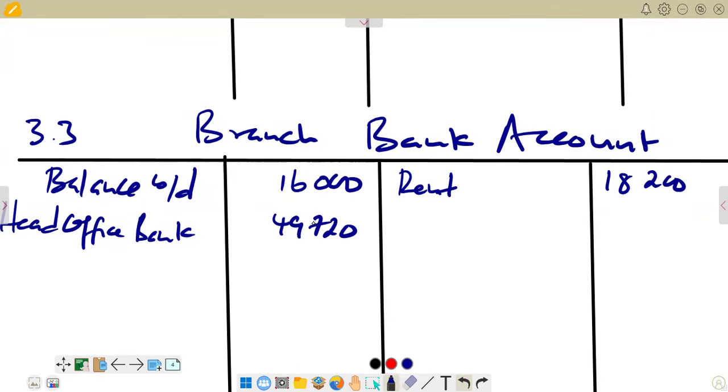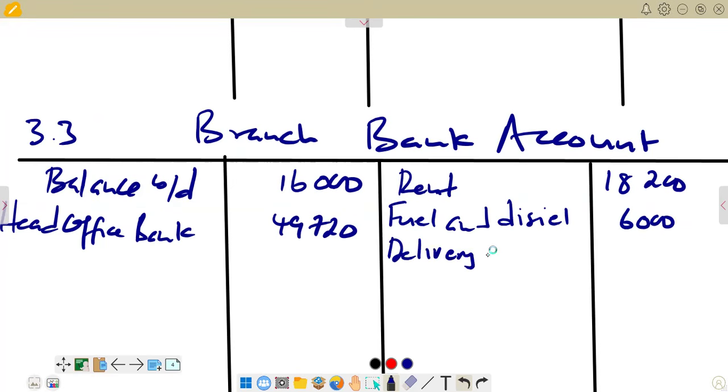And also we have fuel and diesel, and the amount that we have is 6,000. And then we have delivery expenses, and the amount that we have is 13,500. So those three accounts are the ones that we're creating in the branch bank account.